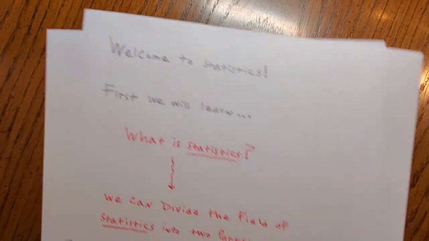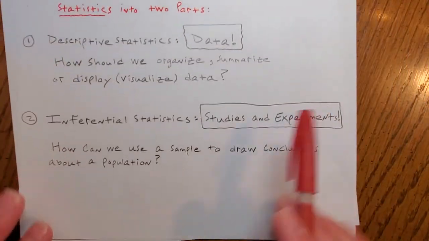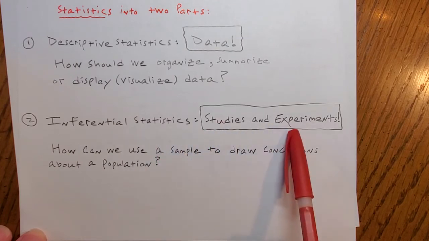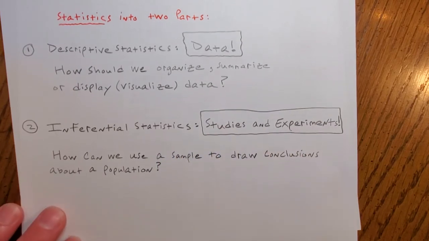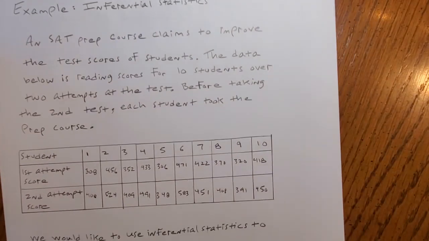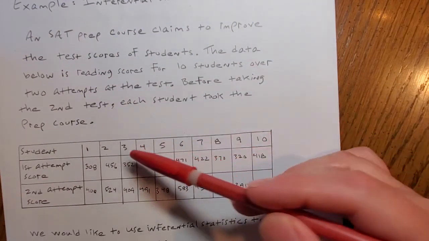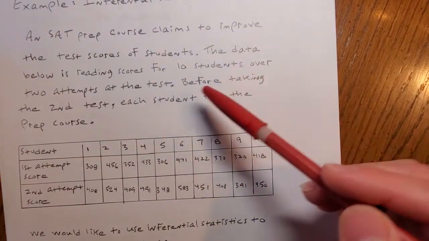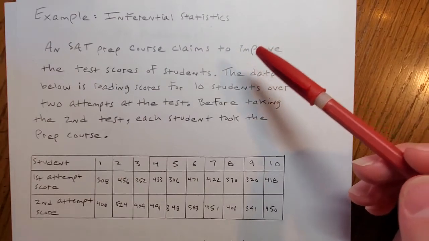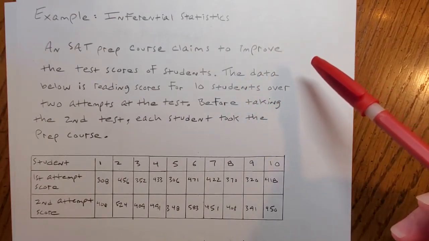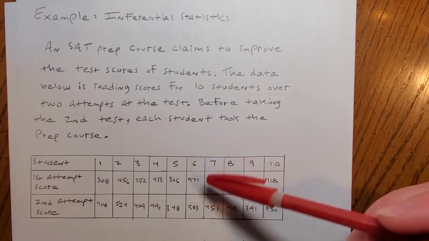All right, now let's look at the other branch of statistics, inferential statistics. Remember I said studies and experiments. So here's an example of that. Let's suppose that students are taking the SAT, and there is a school that claims that if students take their course, then they'll improve their SAT score.